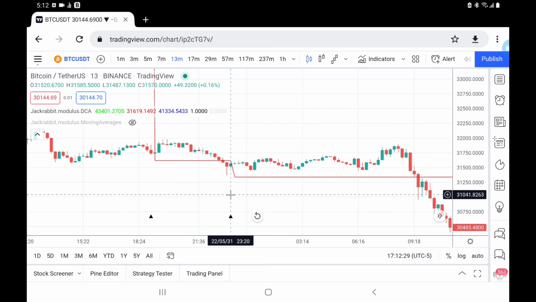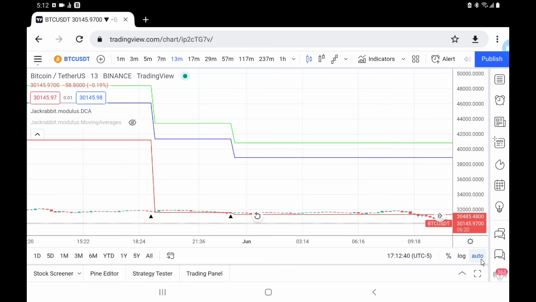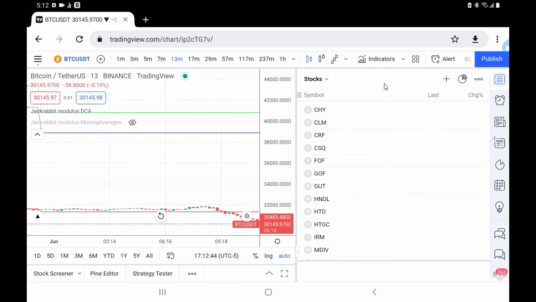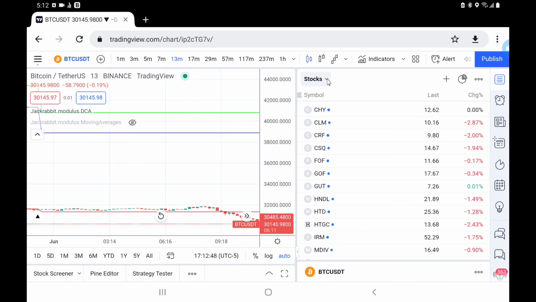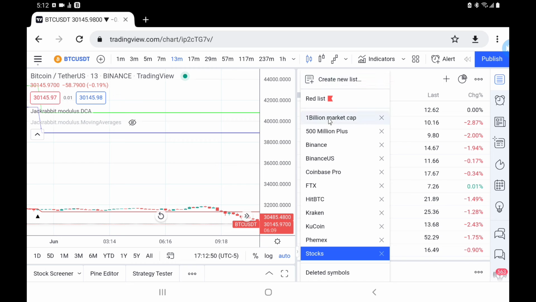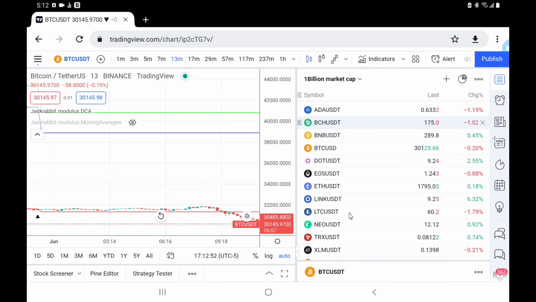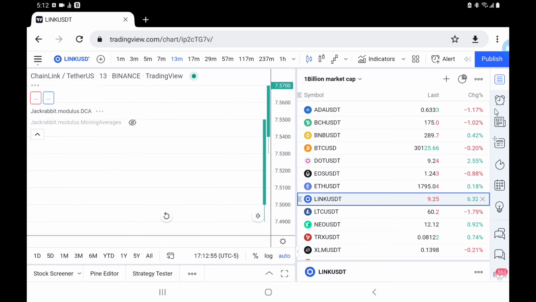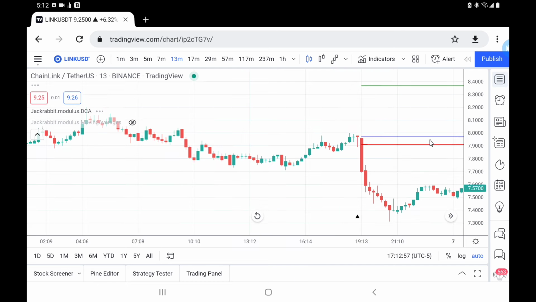Price going downwards. So it really just depends on what you are looking for and how you want to trade. For example, let's go here and take a look at a coin that is quite interesting.